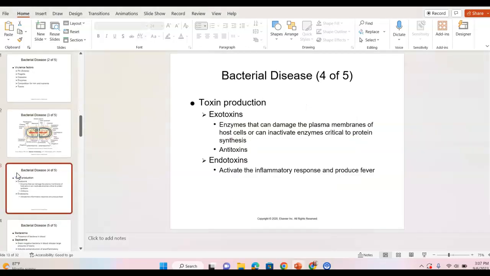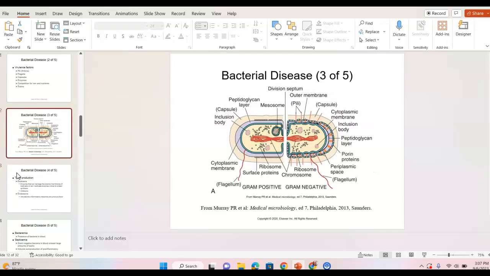Here we go with the endo and the exocytosis. Sorry, I'm getting my words crossed over. Toxins, okay, and we spoke about those. So exotoxins are enzymes that are released from that cell. Endotoxins are actually in the cell capsule itself that can be released.